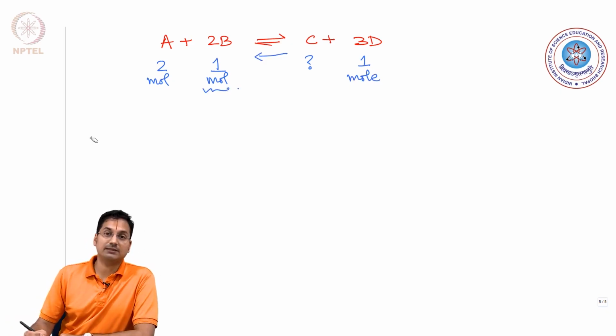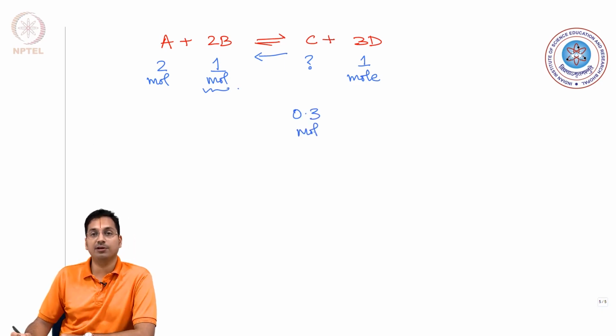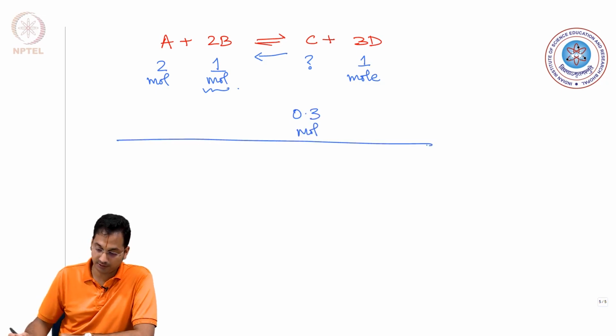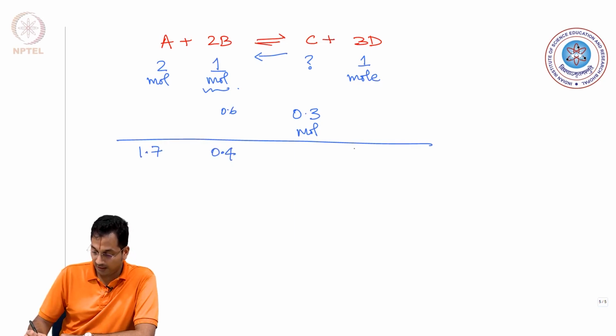Let us assume that in this case, you have been able to determine that C is present in 0.3 moles after the reaction gets over, and this immediately implies you used about 0.6 here. So, you are going to have 0.4 remaining and 1.7 of A remaining, and D is going to be 1 plus 0.3 times 3, because you have 3 equivalents of it, that will be 1.9 moles.